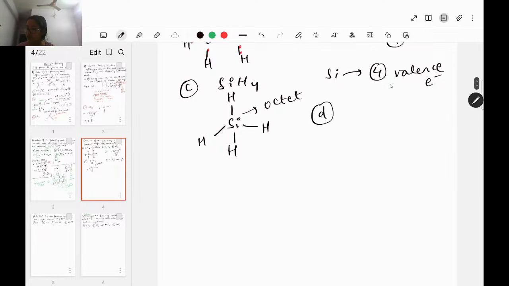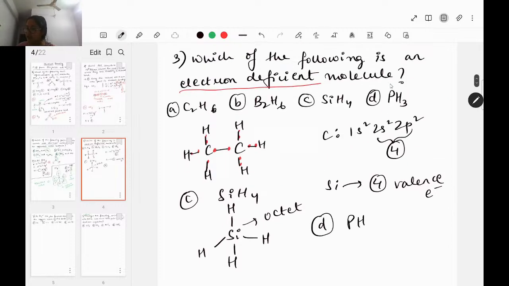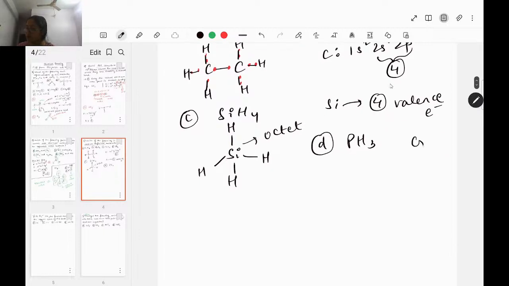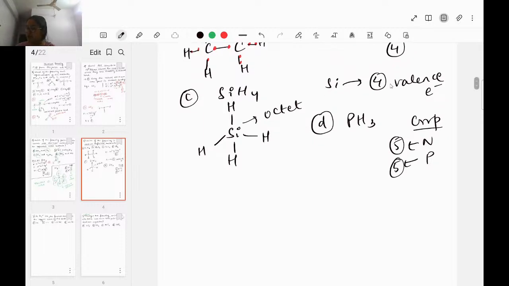About option D, we have PH3. Phosphorus is in which group? Phosphorus is in the nitrogen group, below nitrogen. The elements in a group have an identical number of valence electrons. So if nitrogen has 5 valence electrons, phosphorus also has 5 valence electrons, and it requires 3 more bonds to reach its octet.